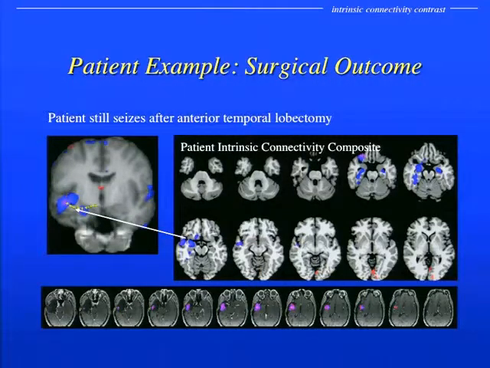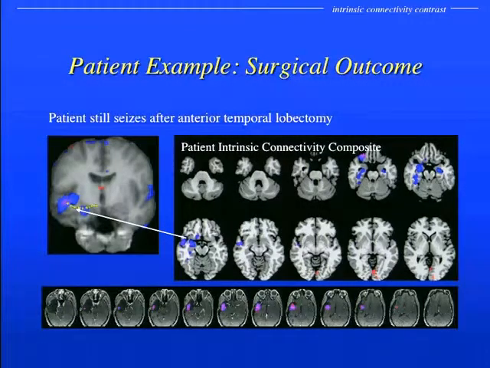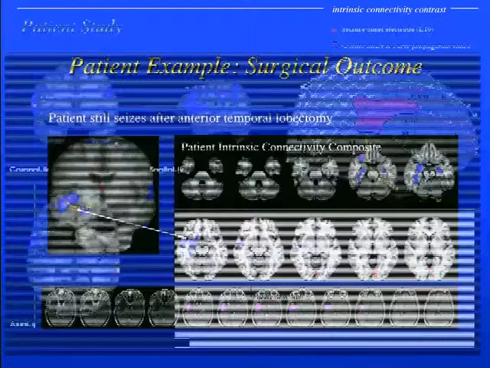And the patient still seizes after surgery, so not a great example. But we don't know if that's because maybe these other regions, which are part of this network, are really responsible, and this was involved but wasn't the critical node in the network. That could potentially explain it, and we need a much bigger patient database in order to sort this out. We're working on that.